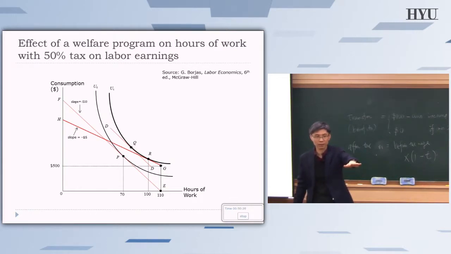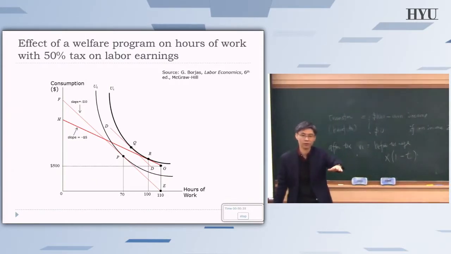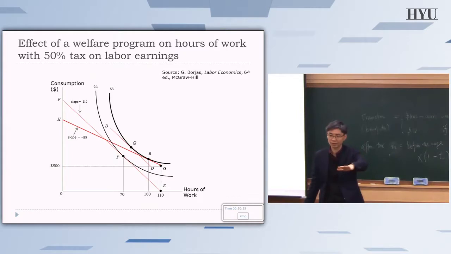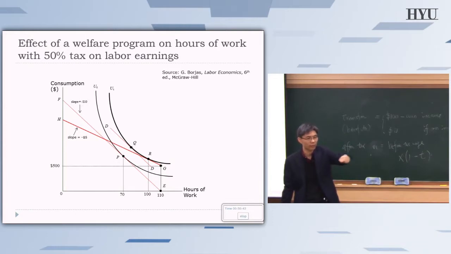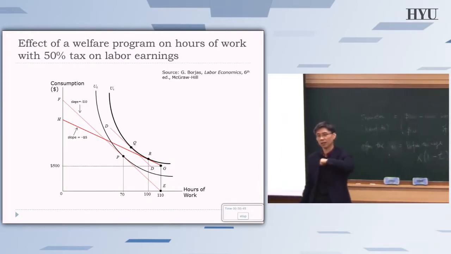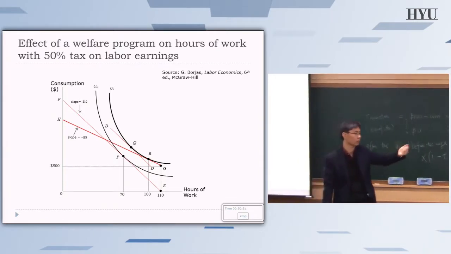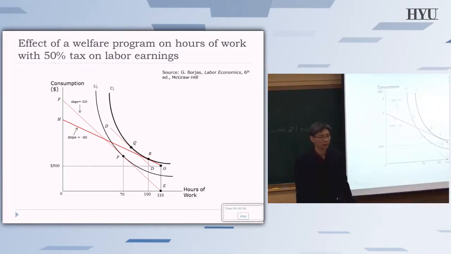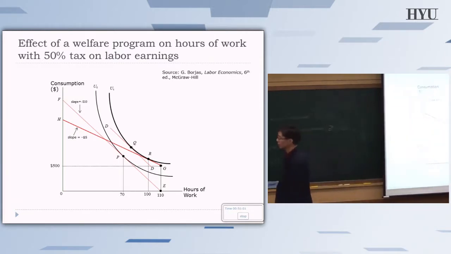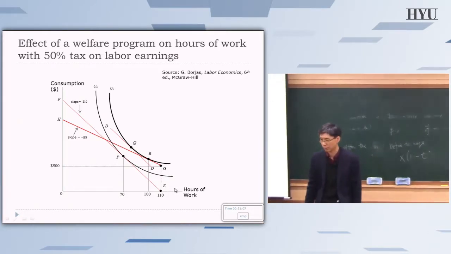If its implicit tax is 50%, if this person earns $50, the government gives not 50, but 75, because the government collects a tax on 50% of the income. So 25 is collected by the government. So the rest of it, $75, is given to the worker. So this worker will get, at the end, $125. Makes sense? Or in this case, it's 500, but anyway, if we use $100 as the example.